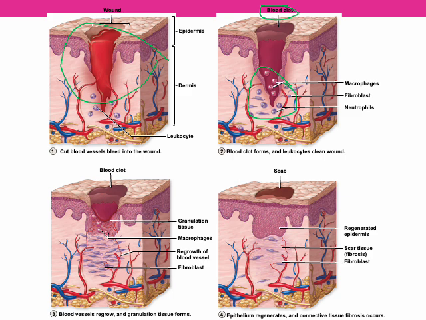Stage three is the regrowing of blood vessels, and we see the granulation tissue trying to repair the damaged area. And stage four is the regeneration of the epidermis, and we also see connective tissue forming fibrosis, or a scar.